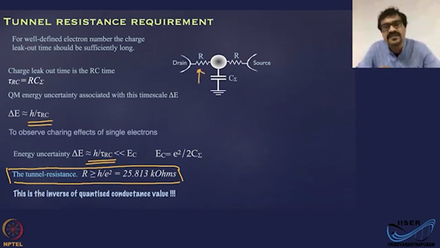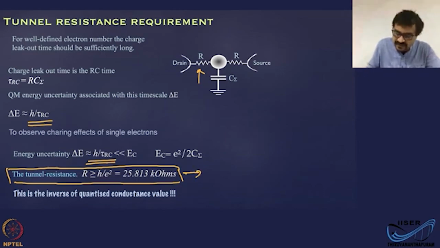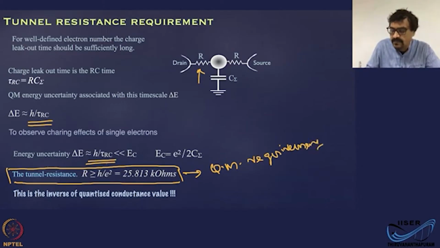The tunnel resistance requirement to observe this charging and discharging effect is h by e square, which is basically a quantum mechanical requirement.